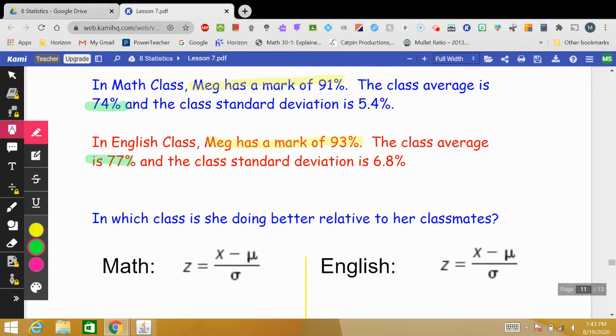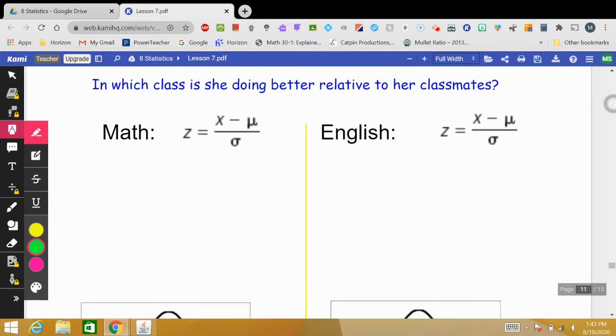So this is where z-scores come in, because what it allows us to do, instead of comparing 93 to 91, we're going to look at how many jumps she is above the mean in each case, because she is above the mean in both ones, right? Here she's at a 91, class average is 74. English is 93 with a class average of 77. So she is above the class average, but let's see how far above.